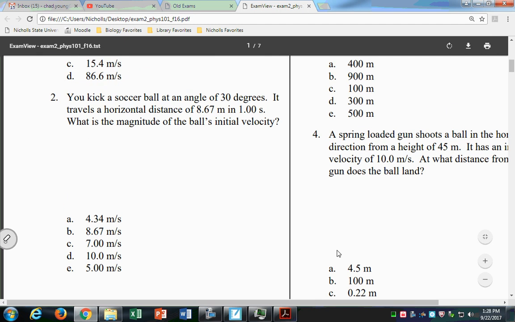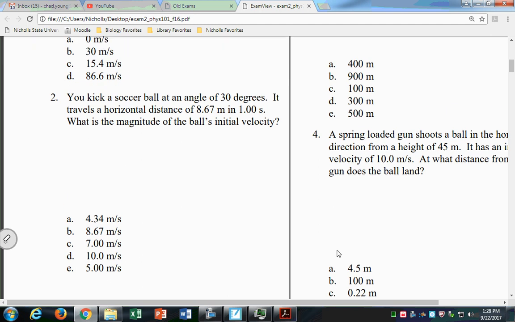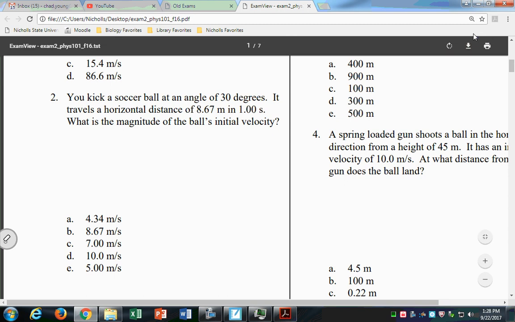You kick a soccer ball at an angle of 30 degrees. It travels a horizontal distance of 8.67 meters in 1 second. What is the magnitude of the ball's initial velocity? Just take a minute and write down the things that we know in this problem.